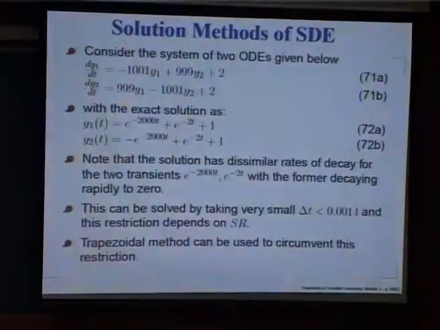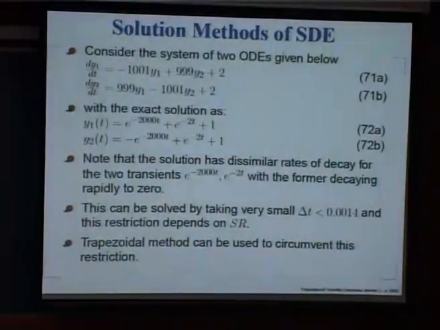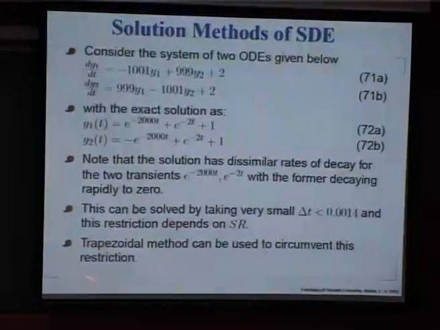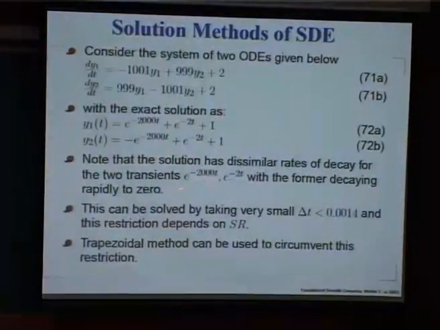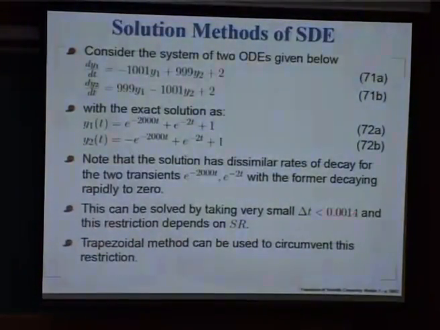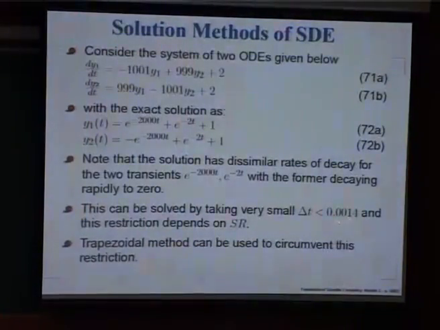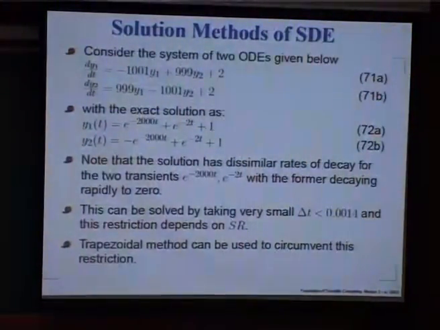If you try to solve this simple equation by the very best method that you can think of, that admits a very small time step, because you have to resolve this variation. That restricts the time limit that you can advance your solutions. And this appears to be rather a small number, implying that you have to do a lot of work even to solve a simple equation like this, for which you have the exact solution.